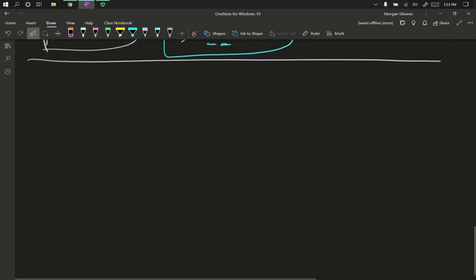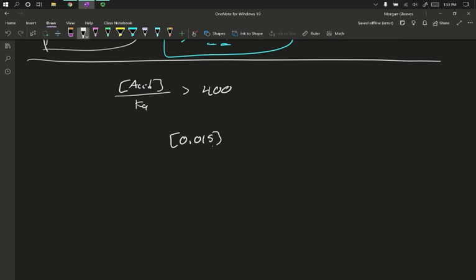Situations where you would need to do the quadratic are when the concentration of your weak acid is actually very small. In general, if the molarity of your acid over the Ka is greater than 400 in terms of the ratio, you can make this simplifying assumption. So in our case, 0.015 over 5.6 times 10 to the minus 10.